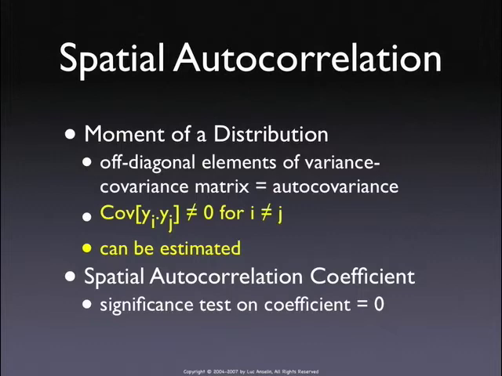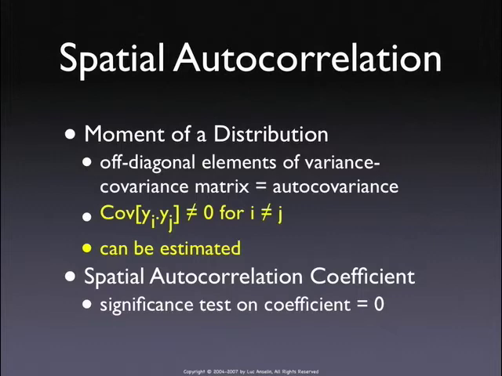So we talked about previously, say with the point patterns, about the first moment, which was the intensity, then the second moment was a measure of variance and covariance in the pattern. Similarly here, we will talk about, remember this is the joint distribution, we will talk about the first moment, which is the mean, or strictly speaking, the expected value at each location. The second moment is the variance-covariance matrix.